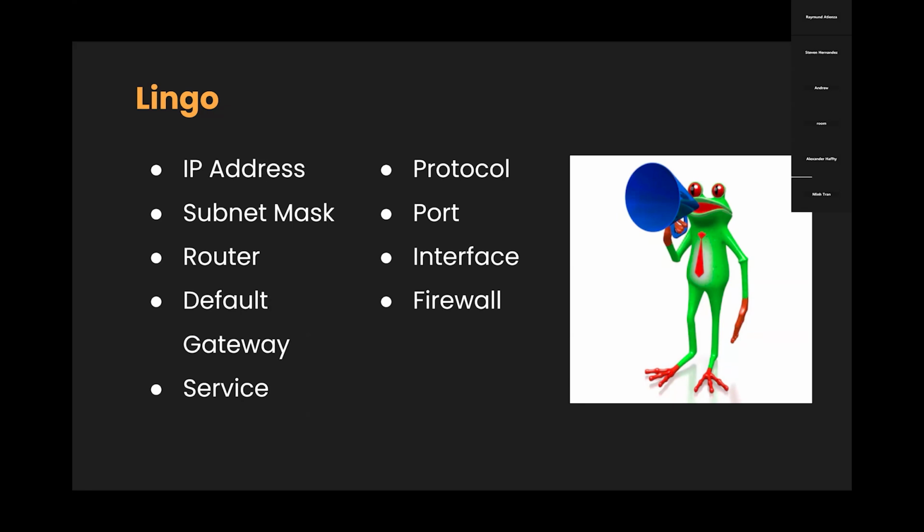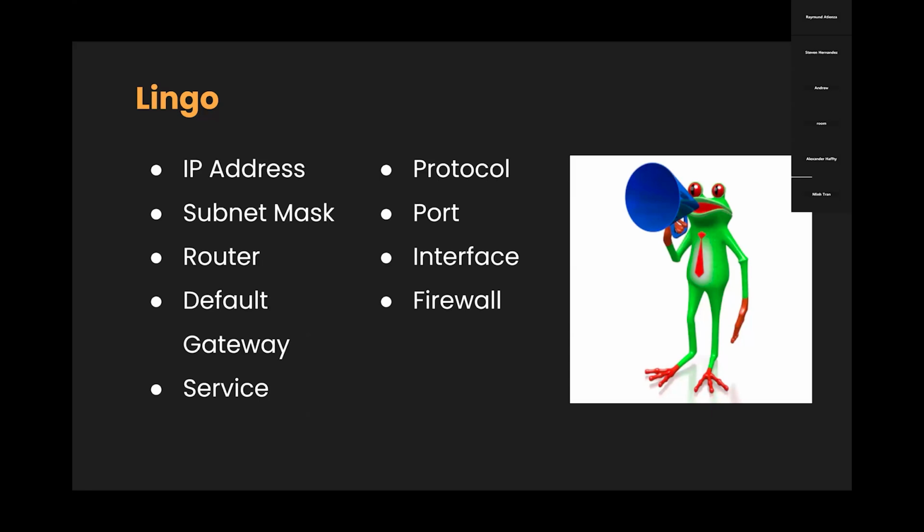Then we have a subnet mask, which sets the boundaries of your network. We have a router, which helps manage traffic in between different networks. We have your default gateway, which is like the path traffic would take to go out of your local network.